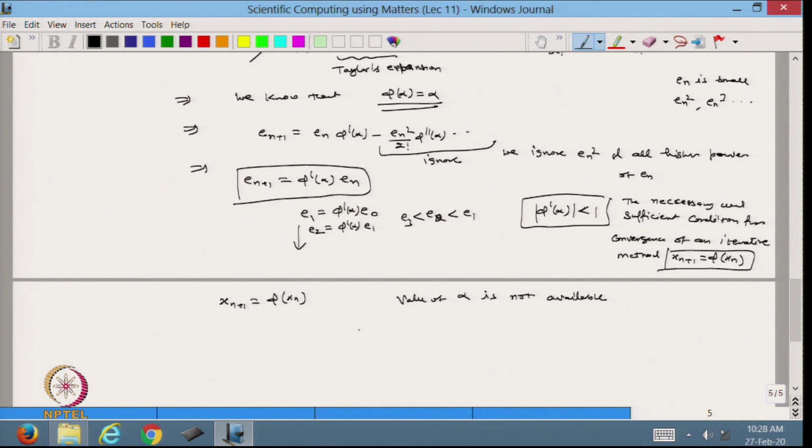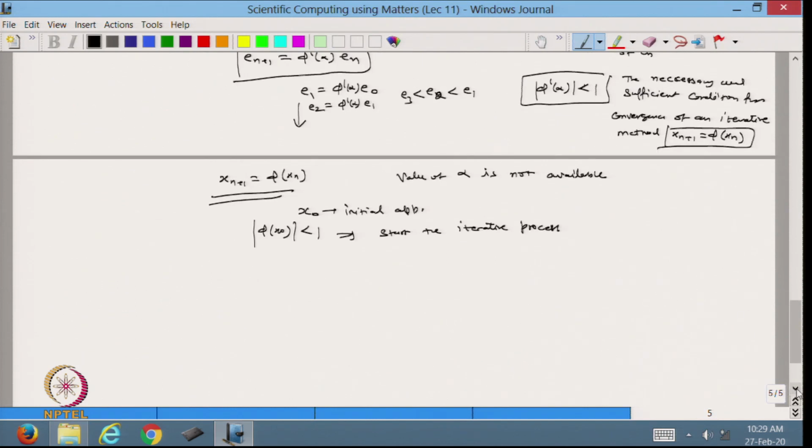So, in that case what we will do, because I will always start with x0, the initial approximation. To start an iterative process, I will start with phi of x0 and I will choose my phi in such a way that the value of phi dash is less than 1. In this case I can choose my initial approximation and choose my phi in such a way that this value is less than 1, and then using this I will start the iterative process.